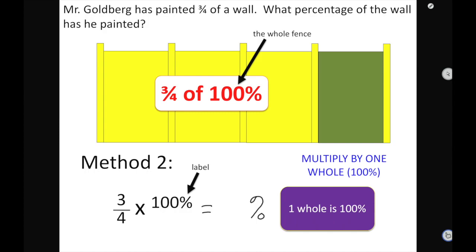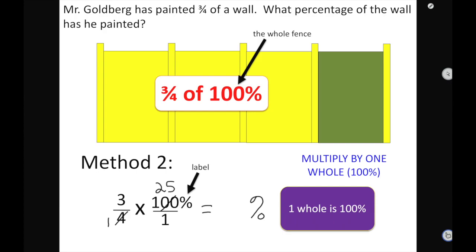I can now look at 100% like a whole number. I can put a 1 in the denominator, the same thing that I would do if I were finding 3/4 of $100. I could now solve. I'd put a 1 in the denominator, or just know in my mind that the 100 is in the numerator. Now I can cross cancel. 4 and 100 can both be divided by 4.